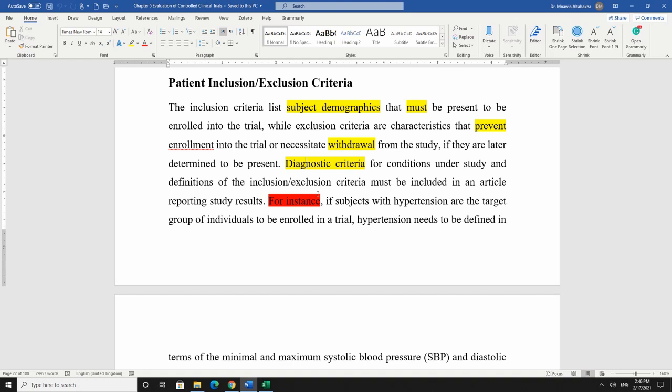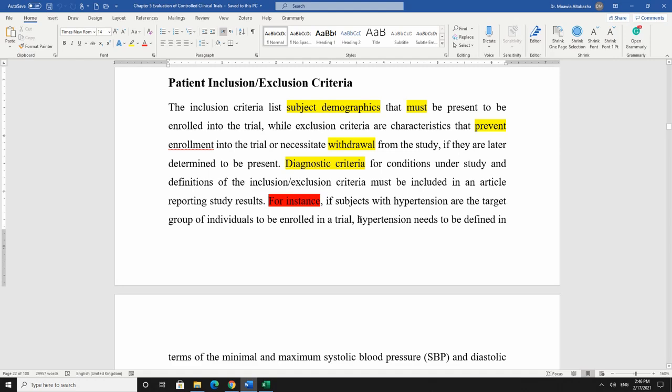accept them, okay? So the exclusion should be different, and usually we include characteristics such as pregnancy, terminally ill patients, those with severe kidney problems or liver dysfunction, because these things can affect the trial results, okay?